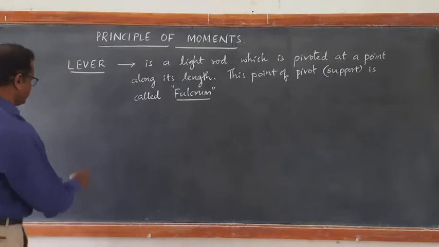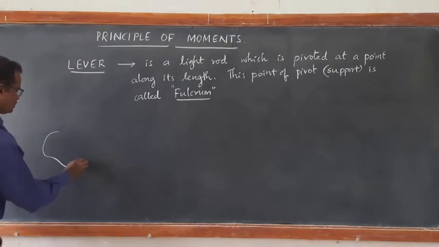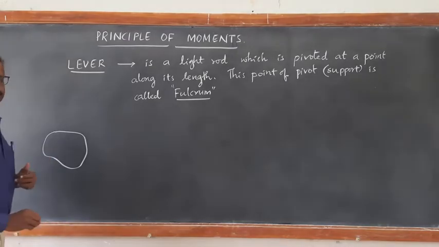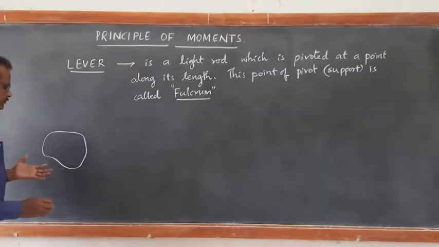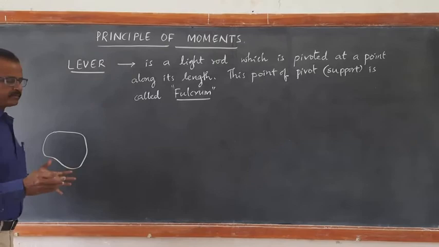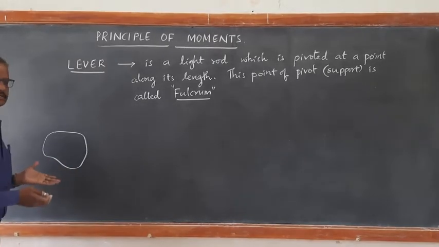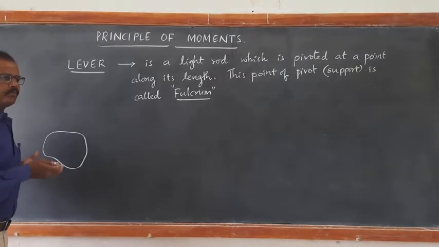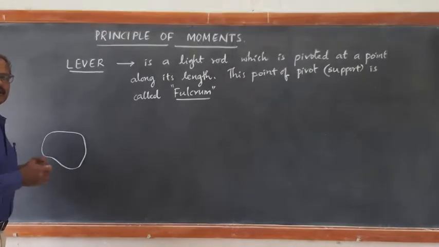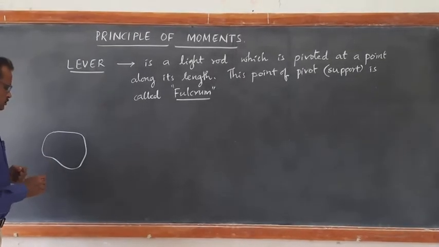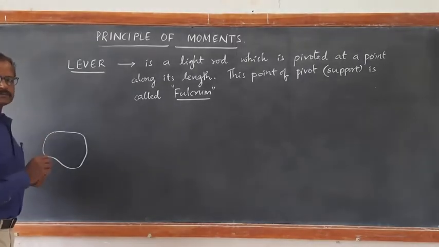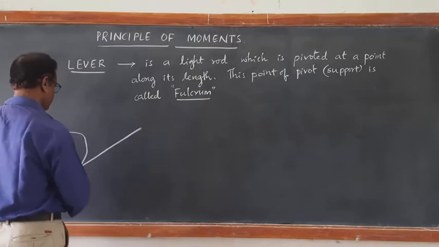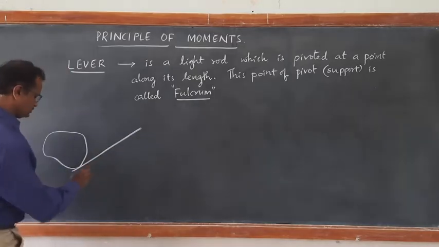So, for example, if this is a heavy stone that needs to be lifted from the ground, then it requires some 5 or 6 children to lift it, and it is very difficult and inconvenient also. Suppose you are provided with an iron rod, then you will search for a support.